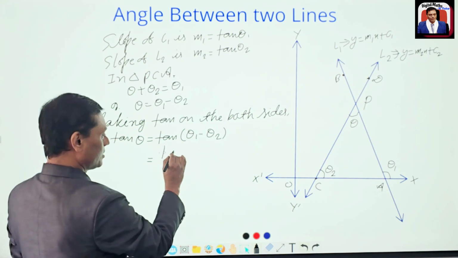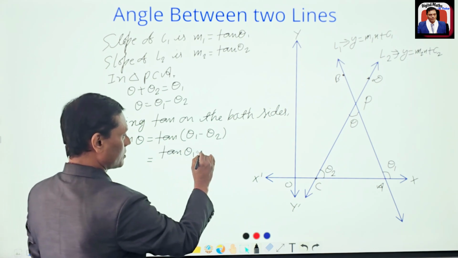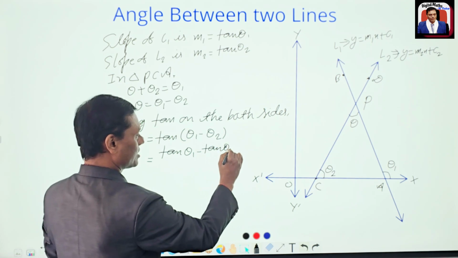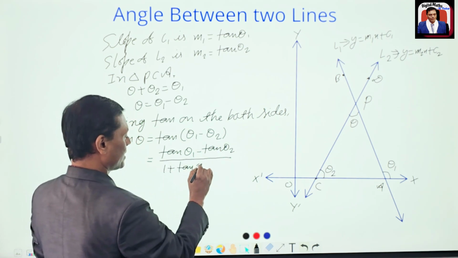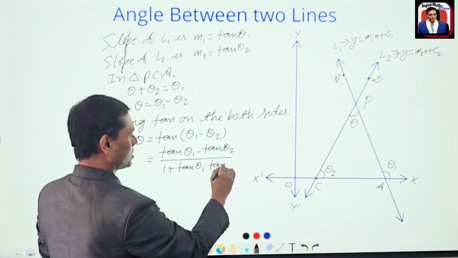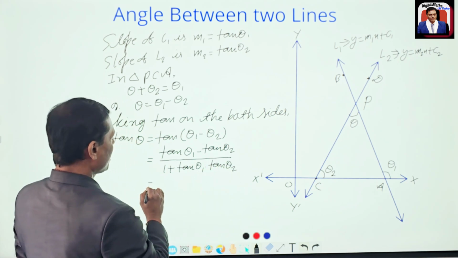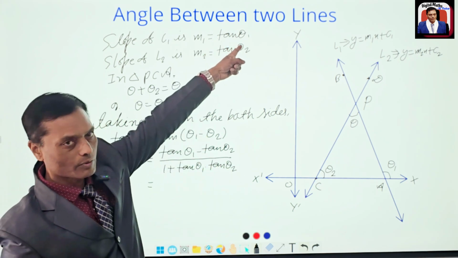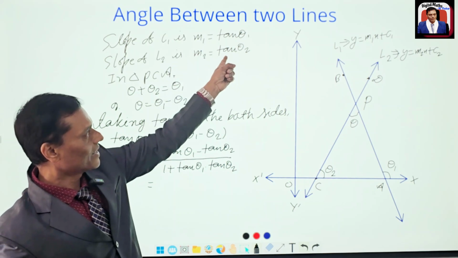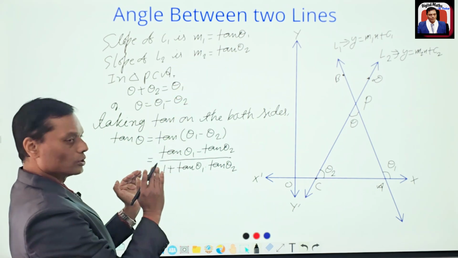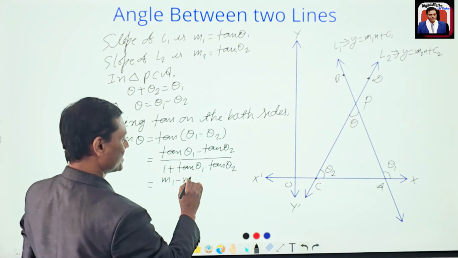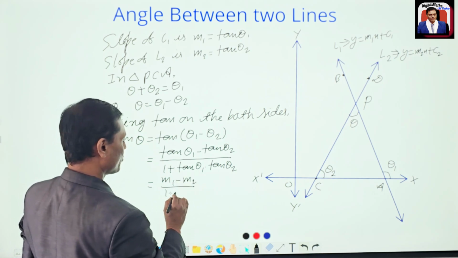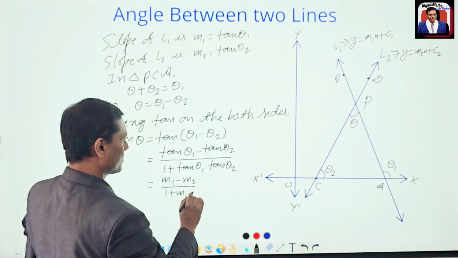So we can write tan theta 1 minus tan theta 2 over 1 plus tan theta 1 dot tan theta 2. As you know, tan theta 1 is m1 and tan theta 2 is m2, so replacing the values, we write m1 minus m2 over 1 plus m1 dot m2.